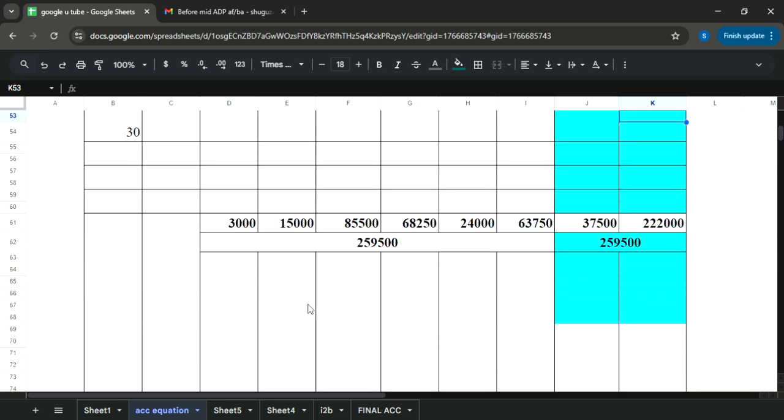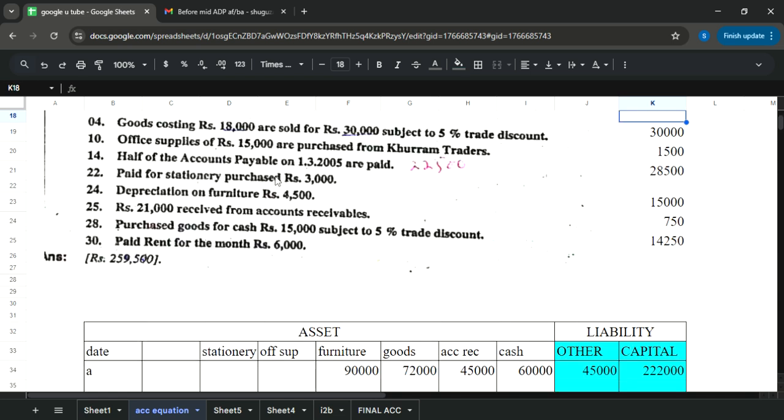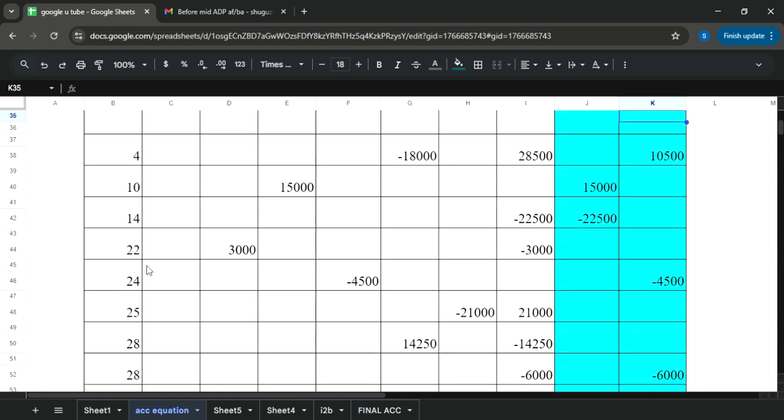Now, after completion, you can see that the sum of all the columns is over here, and our answer is 259500, and here you can see 259500. Let's see what answer is given in our book, and that answer is also 259500. In this way, it has been completed.